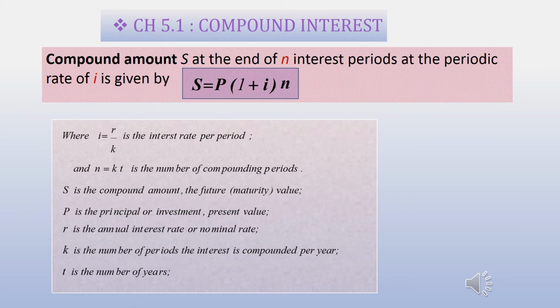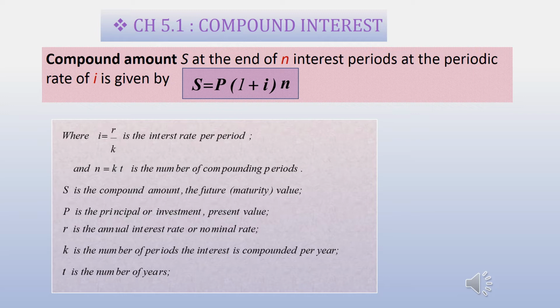Now, with the interest rate per period equal to I and the number of compounding periods equal to N, the formula of the compound amount S at the end of N interest periods at the periodic rate of I is given by S equal to P multiplied by (1 plus I) to the power of N.